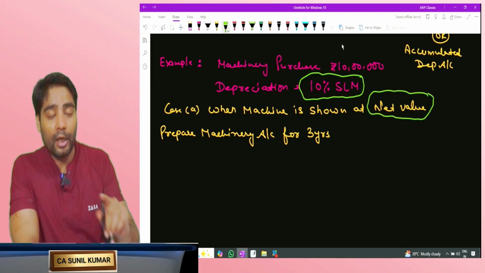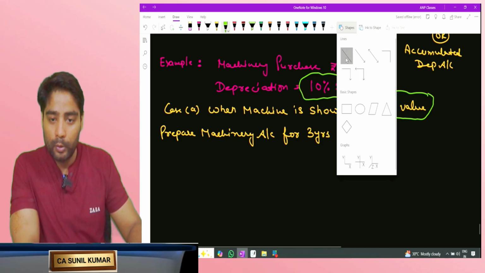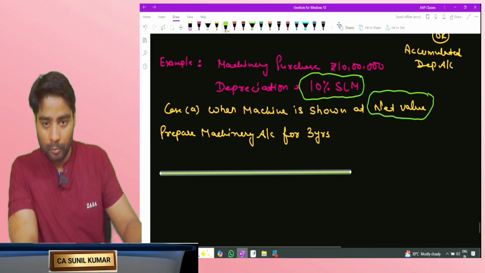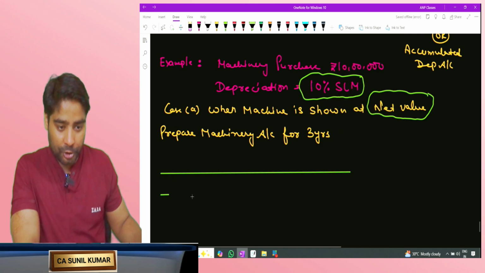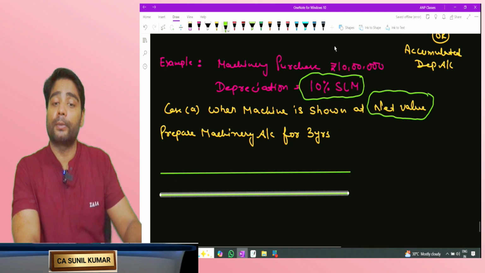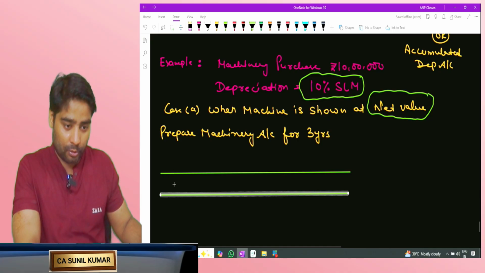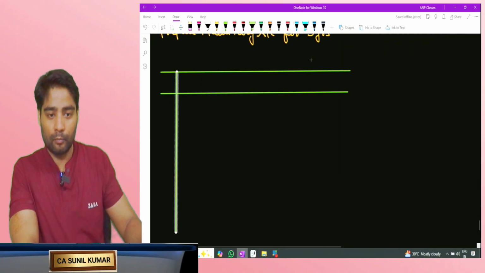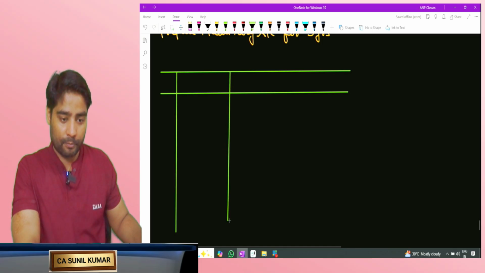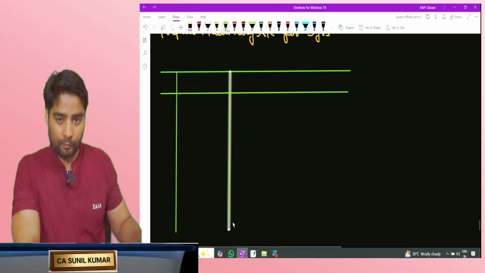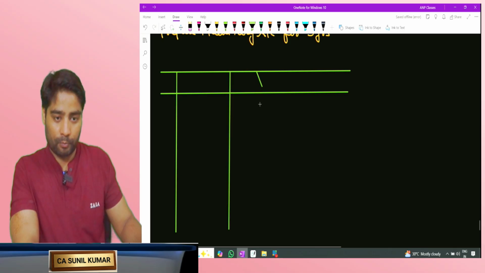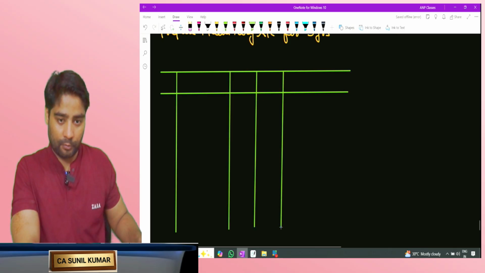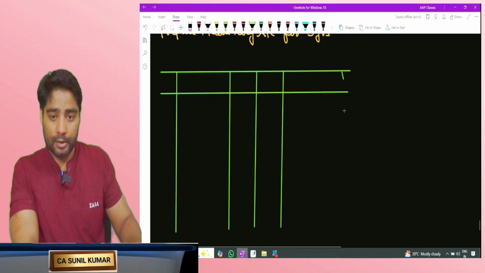Okay, so in net value method, we always prepare only one account, that is the machinery account. So we shall prepare the machinery account. Machinery account means machinery ledger account. So there will be date, particulars, amount, date, particulars, and amount.